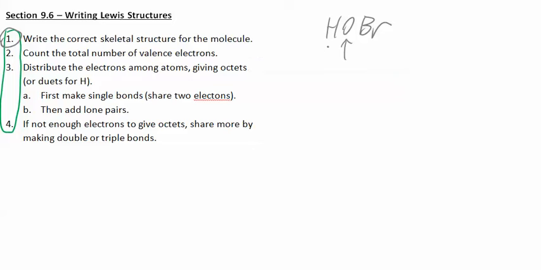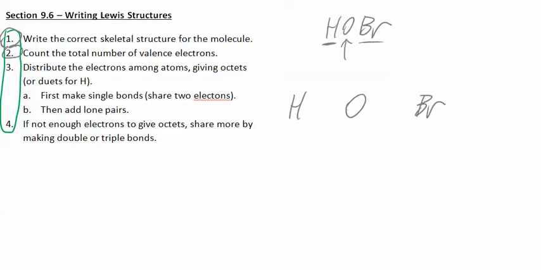But H, since it only wants 1 more and can only have a maximum of 2 electrons, is always on the outside, terminal. And mostly the halogens like Br, F, Cl, they have 7 valence electrons. They only want 1 more, so they usually make only 1 bond. They tend to be terminal on the outside as well. So our skeleton is going to be H and O and Br. I'm going to put the O in the middle.